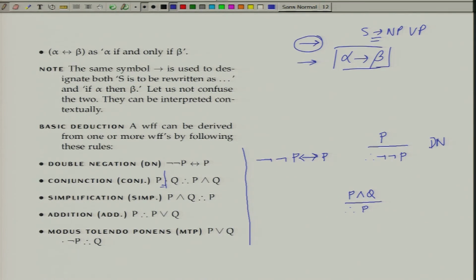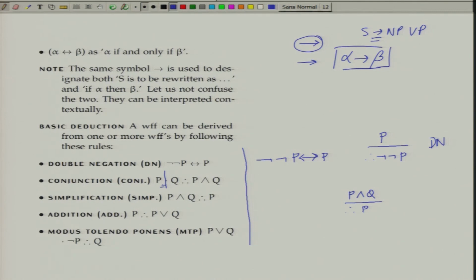Simply we can write SIMP. It is something like saying if it is true that Ram hits the ball and John hits the ball, then we can comfortably say that therefore Ram hits the ball. We can single out one conjunct. There are two. We can just single out one conjunct and assert it.